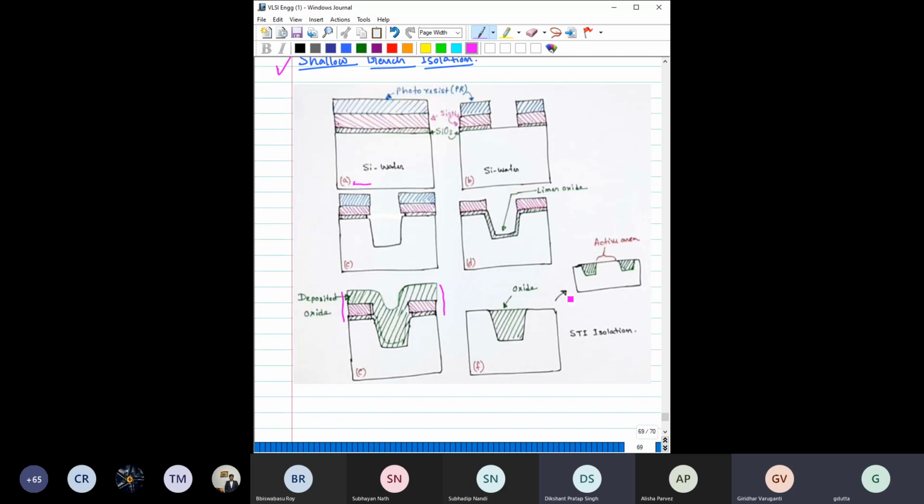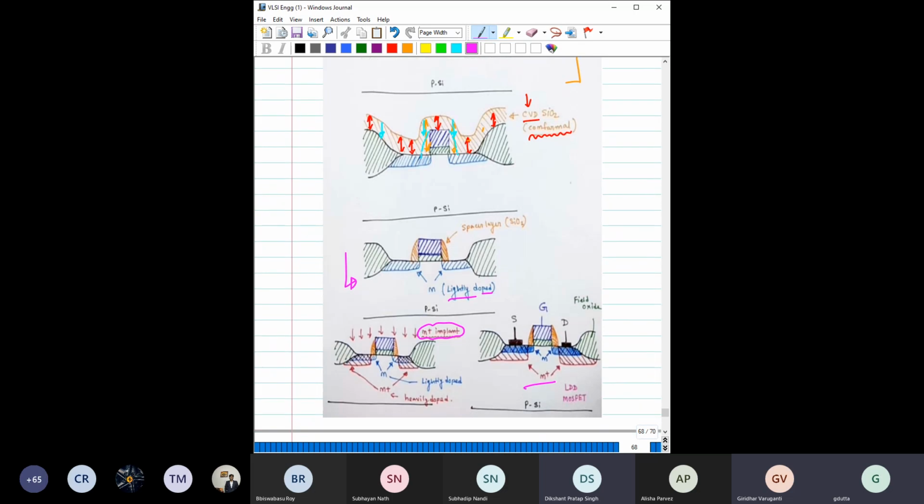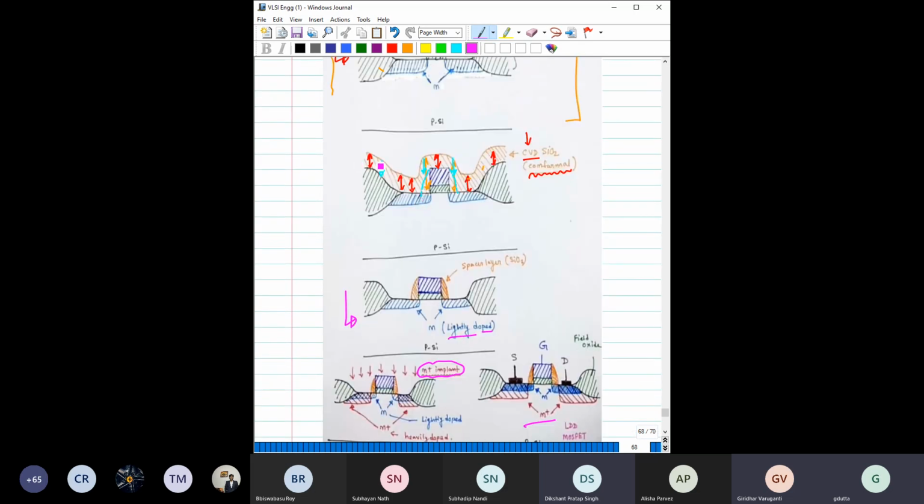Now, are you able to correlate this? So this is one isolation, this is another isolation, and here is the active area where you make your device. So this is another way by which you can isolate one device from the other. If you compare with the LOCOS process, you can see that in this STI the surface becomes planar. However, in the LOCOS process the surface is not planar, it is kind of bumpy.